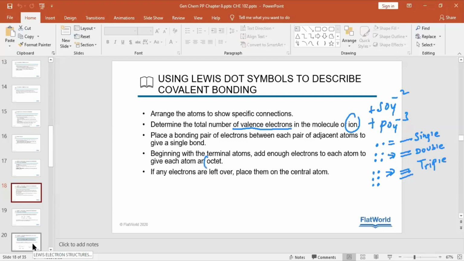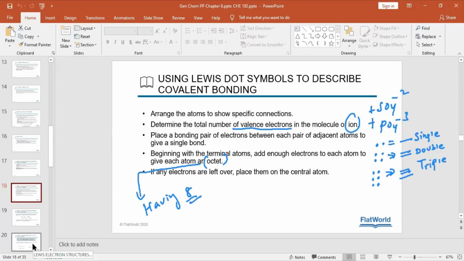The idea of an octet is that having eight basically means that every atom in a molecule will be satisfied, will be participating, or will be stable. So that's what octet means.